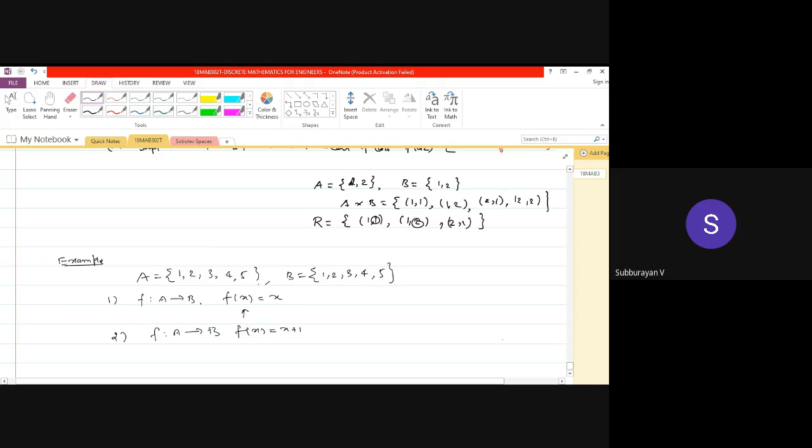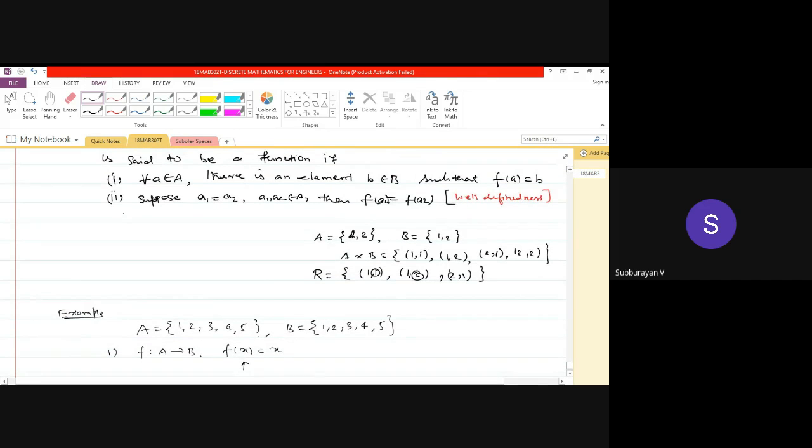Now, here, the b in B such that f(a) equals b is called the image of a, and a is called the pre-image of b in B such that f(a) equals b.